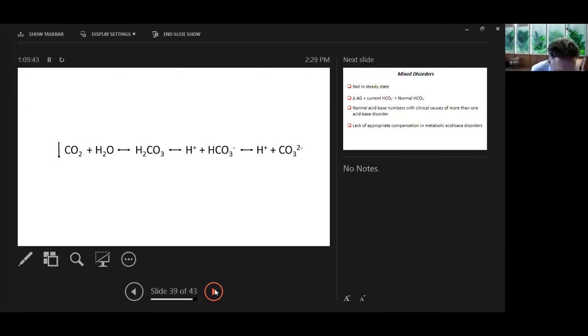So just remember that the acid-base changes with acute and chronic respiratory alkalosis are not due to the kidney or an organ. They're simply due to changes in the equilibrium of the bicarbonate buffer reaction, and you do not need a body for that to occur. When I open a bottle of Coca-Cola, the same thing happens. It's no different than acute respiratory alkalosis. Next slide.